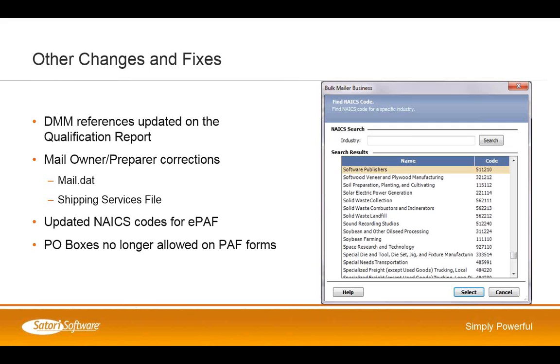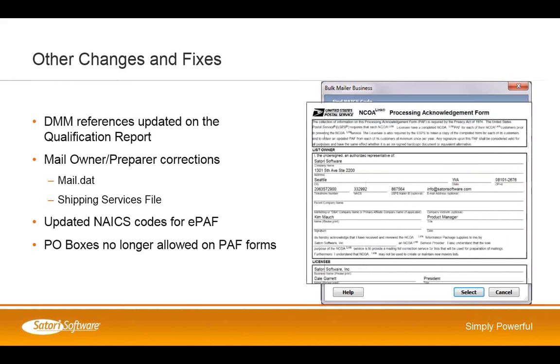Yeah, it's a little obscure, a little weird, but I can kind of see it because they're underneath the Privacy Act of 1974, so they have their own regulations that they have to adhere to, which aren't necessarily what the post office would require. So I think that might have something to do with it. But if you're filling out your PAF form, you won't be able to identify yourself with a PO box anymore. They'll pop up a warning saying, hey, you can't use a PO box, use your physical address.